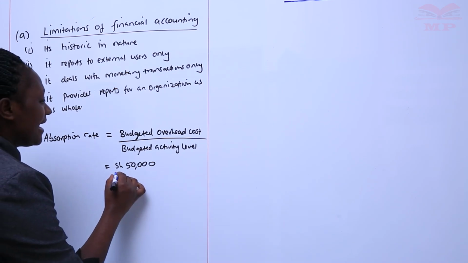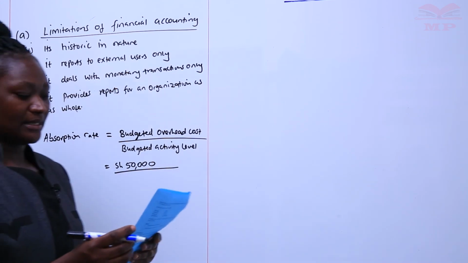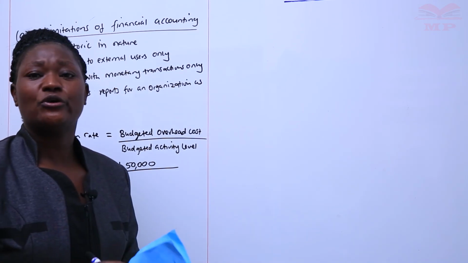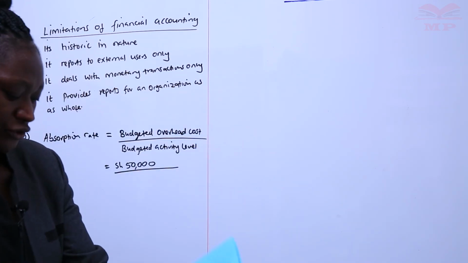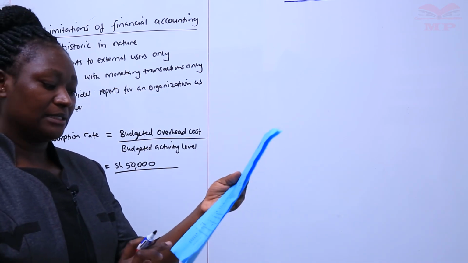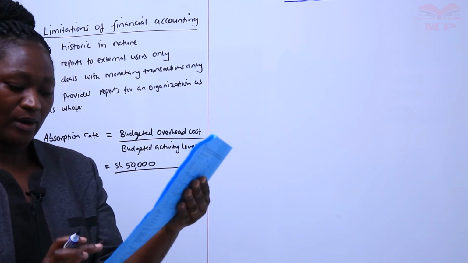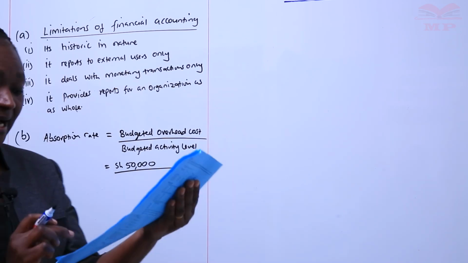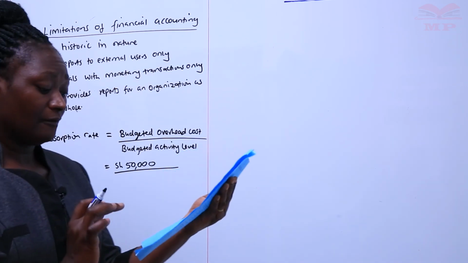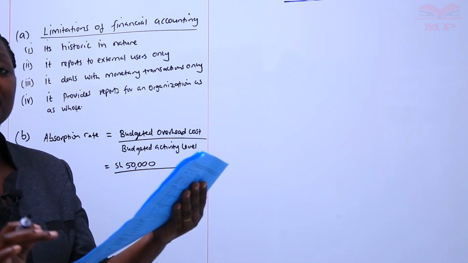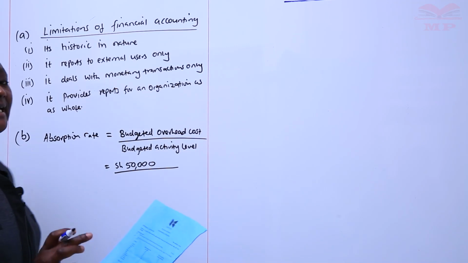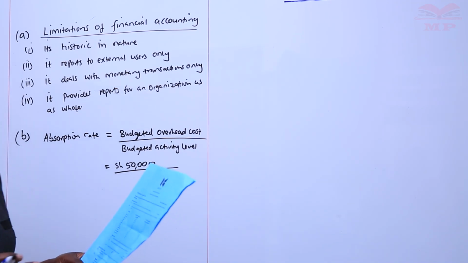And then the activity level, according to the question, is based on a labor hour absorption rate. In that question, the first part of it, we have labor hours per batch. For batch A, we have 1,150. For B is 190. For C, 860. And for D, 300. So again, you get the sum of all that.